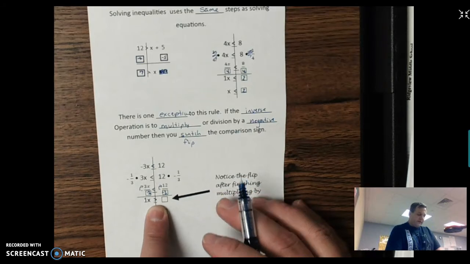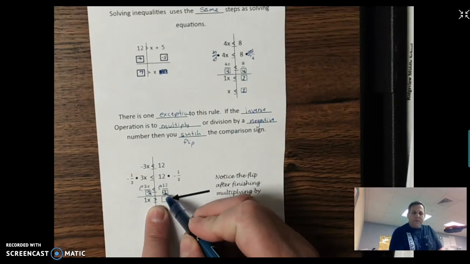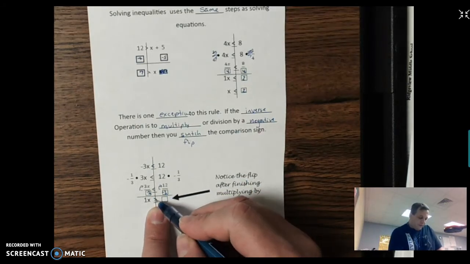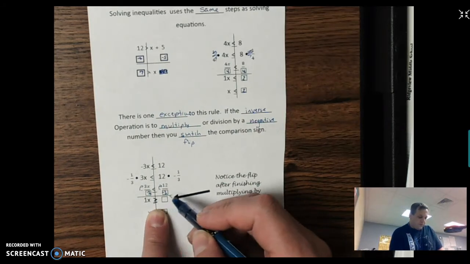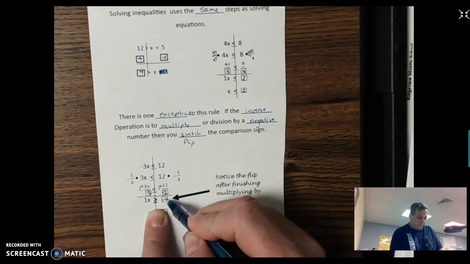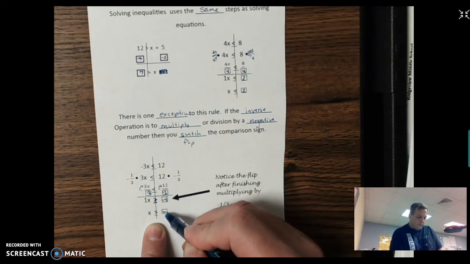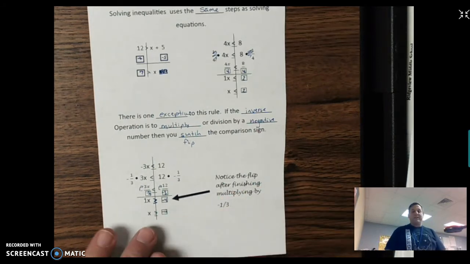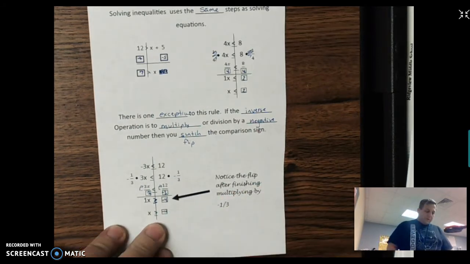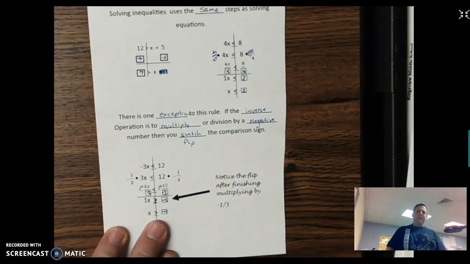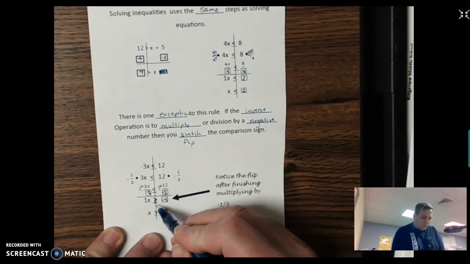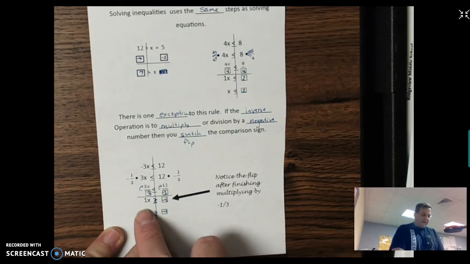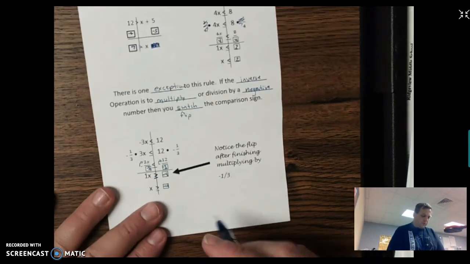But notice the sign. Because I divided by a negative, I flipped my sign. It is now 1x is greater than or equal to negative 4. Okay, we will practice this a lot in class because it's not a big thing, but it's really easy to forget and to miss. So when you multiply or divide by a negative, you will always flip whatever your sign is.